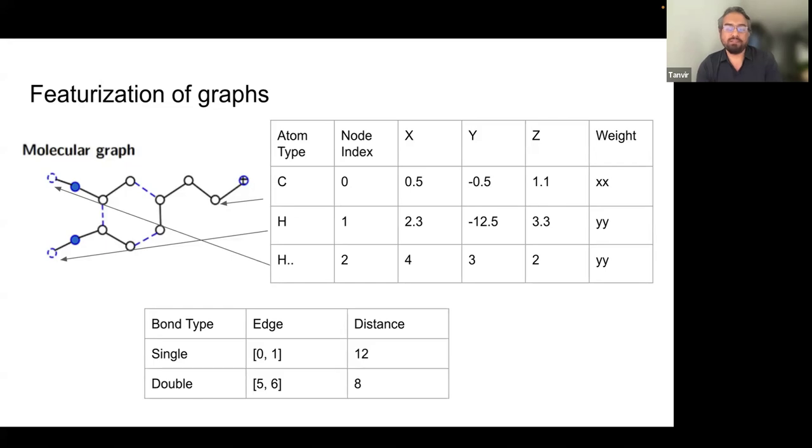Because all the nodes are indexed by numbers like 0, 1, 2, 3, 4, in a computer program we can connect two different atoms together by having an array of node indexes. 0 and 1 represents an edge between the 0th carbon atom and the first hydrogen atom, and then we can also have other features of these bonds, like the distance in the 3D geometry in a bond.